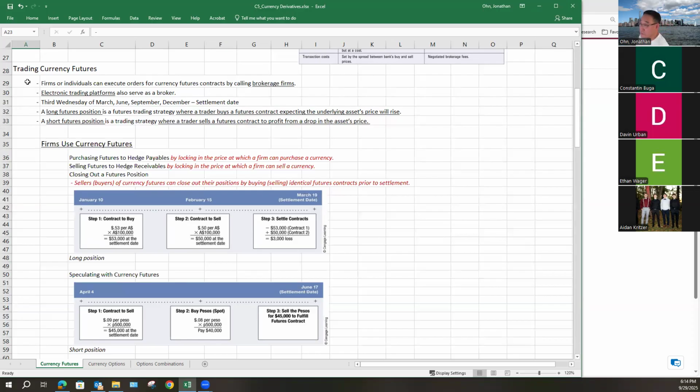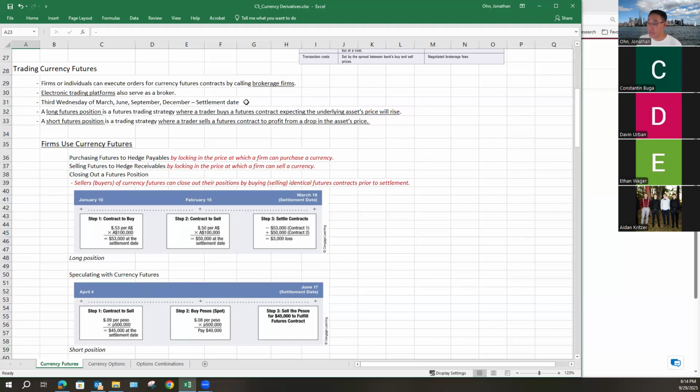So firms or individuals, investors, speculators, they can execute orders for currency futures contracts by calling brokerage firms. So you call brokerage companies and ask for the trading, right? You call the broker and they will do the execution of your order. And also electronic trading platforms serve as a broker.